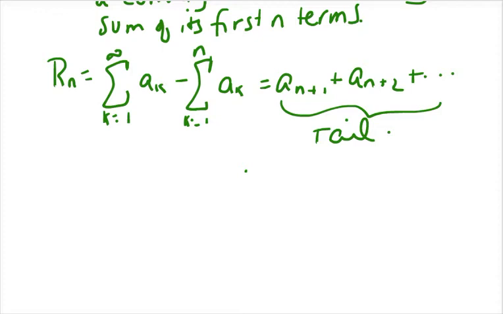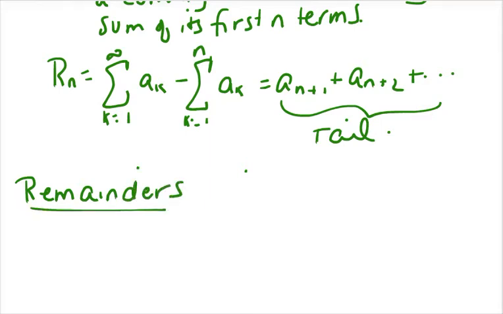So the bottom line is that we're really working with the remainders for this section at the end of 8.4. The remainders will be bounded by improper integrals. So the remainder is going to be bounded, and we need to evaluate them.